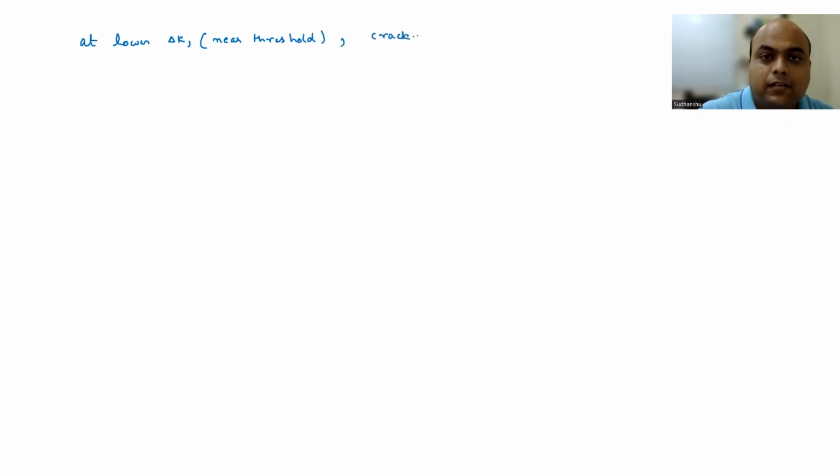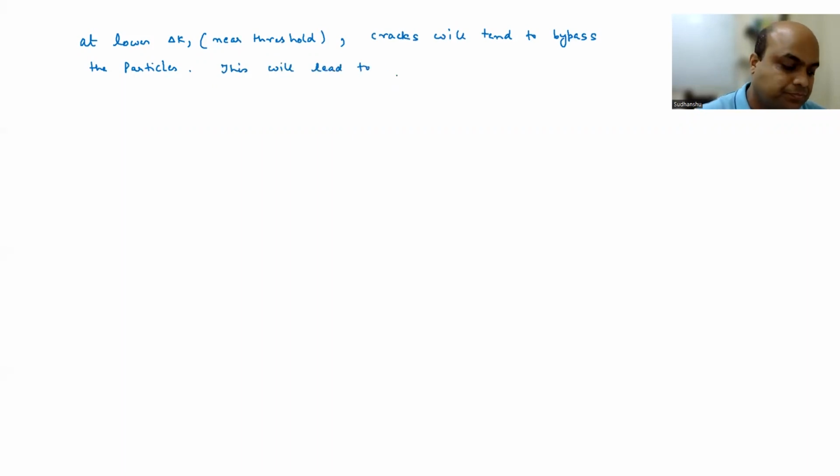cracks will tend to, and we will discuss this concept in a bit, will tend to bypass the particles. Okay, and this will lead to rough crack surface.